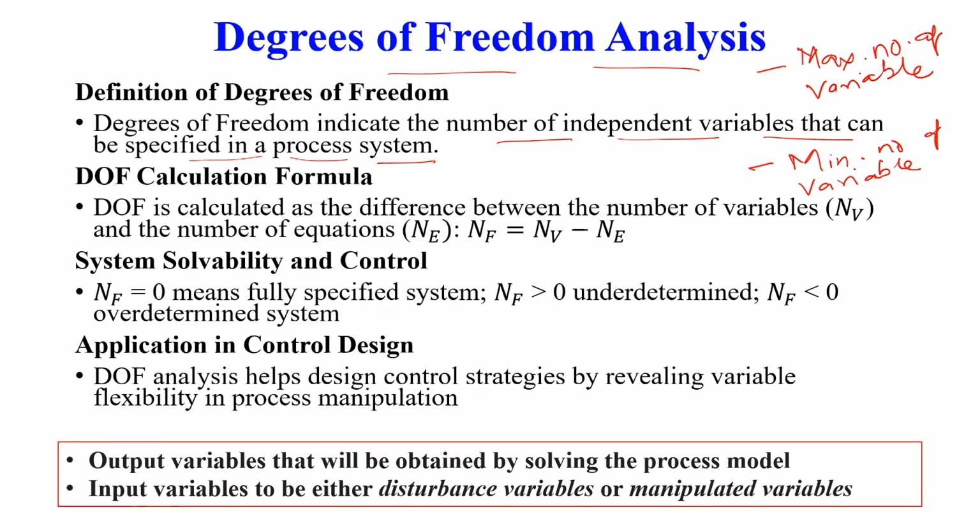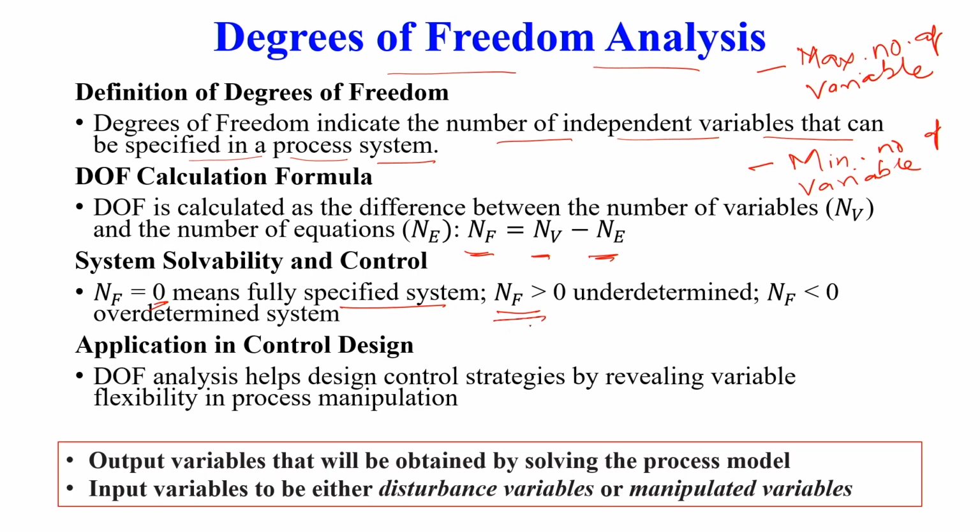Now how we calculate it: degree of freedom is the difference between the number of variables and the number of equations. So if the number of variables and the number of equations are the same, we get 0. It means you have the exact solution and the system is fully specified.